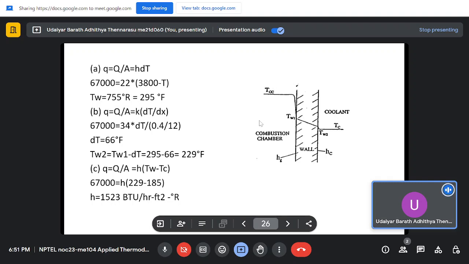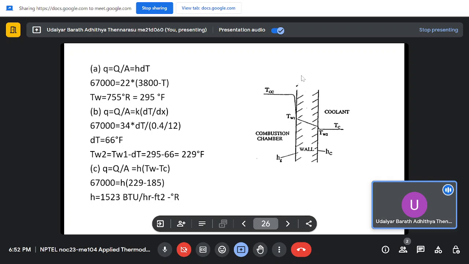We are just looking at the inner part, the gas and the inner wall. So we can find the inner wall temperature using this relation. The inner wall temperature comes out to be 755 degree Rankine, or 295 degree Fahrenheit when you convert from Rankine to Fahrenheit.